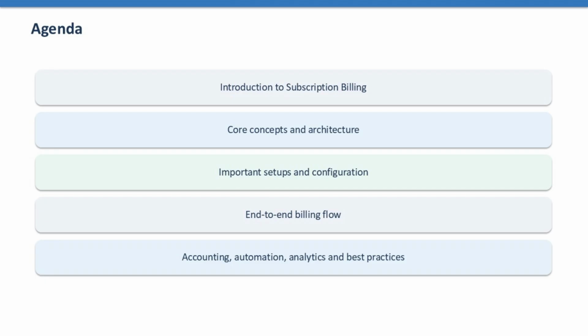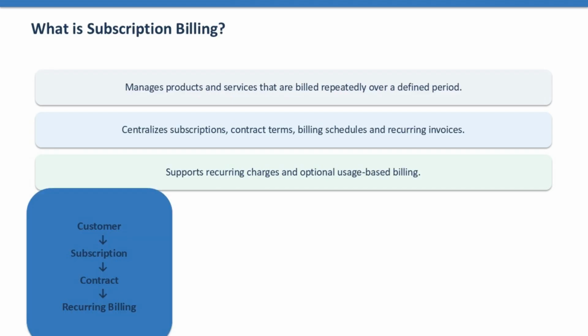When we come up with subscription, the first thing that comes to mind is, what is subscription? Whatever services or products we have subscribed to, we are repeatedly billed for them, maybe annually or monthly, on a defined period.